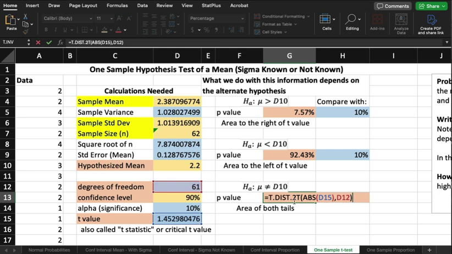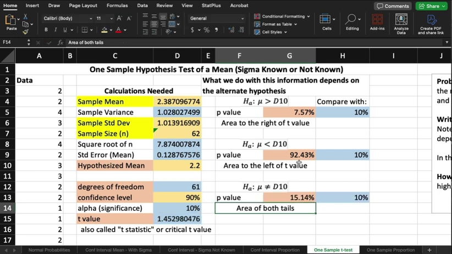So again, if I just read that left to right, it's equals t.dist.2t, left parenthesis, ABS, left parenthesis, D15, right parenthesis, comma, D12, and then another right parenthesis, and hit enter.